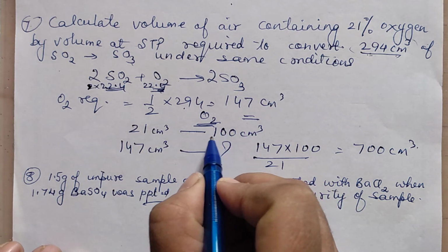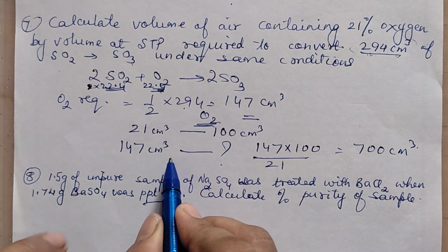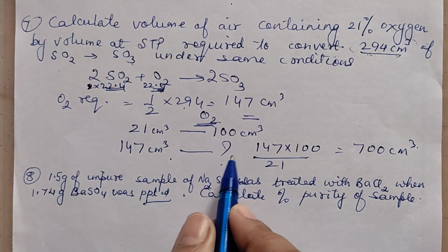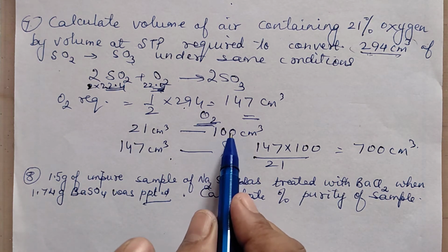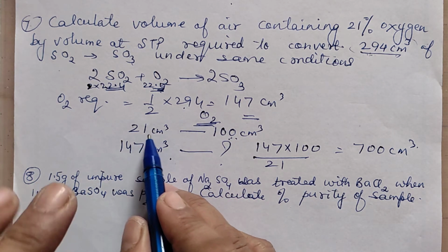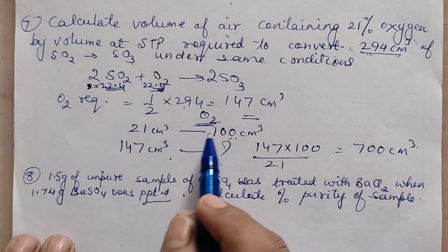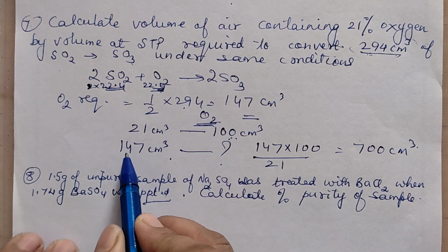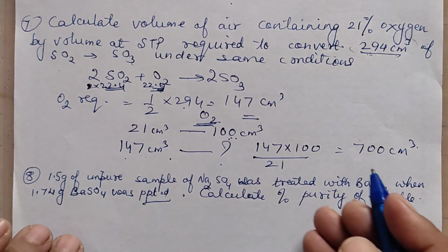If it is 21% pure, the same way as I told you about sulfuric acid or marble, we have done it. If we take a 100 centimeter cube sample of oxygen, you are having actually only 21 centimeter cube because percentage purity is 21%. So that is why if you need 147, how much of oxygen will be required?